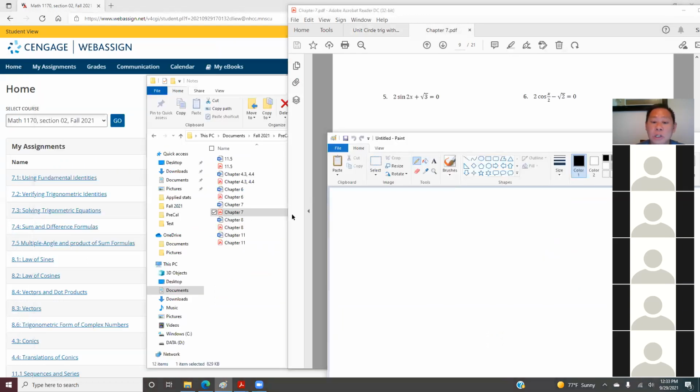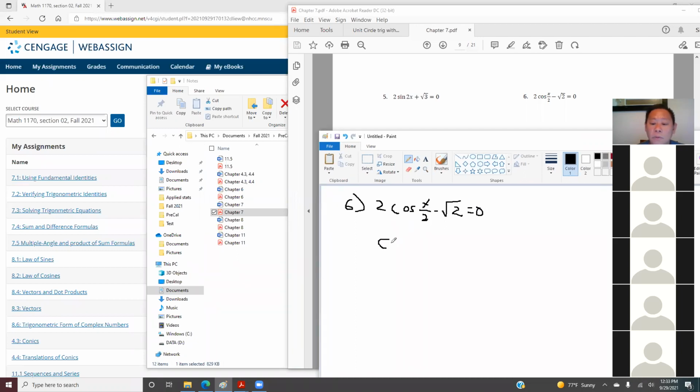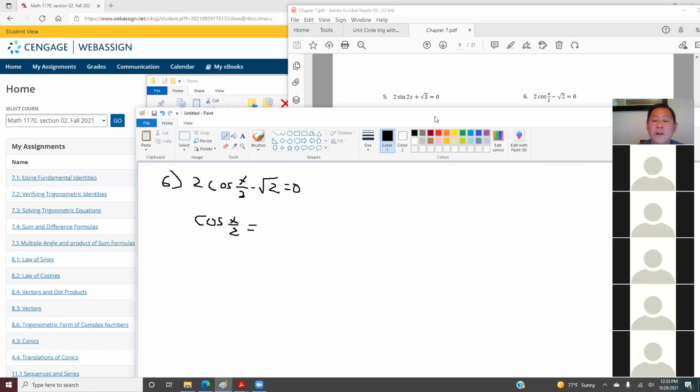Now you do question number 6. Write cosine x over 2. Anyone know what that is going to be if you try to solve this?